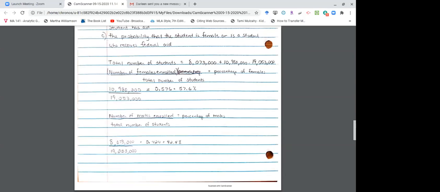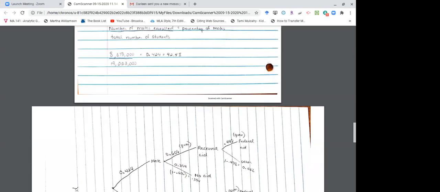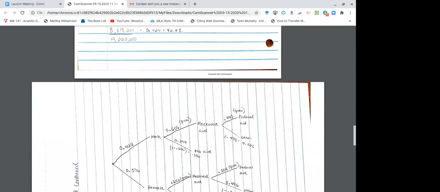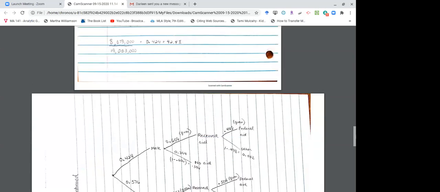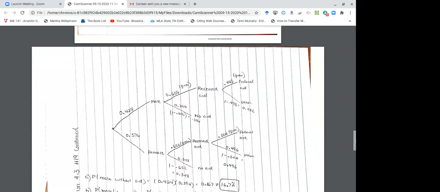And doing the same for male, we have about 42.4% male. You'll notice that the sum of these two percentages is 100% because they're complements of each other and because male and females are non-overlapping groups.